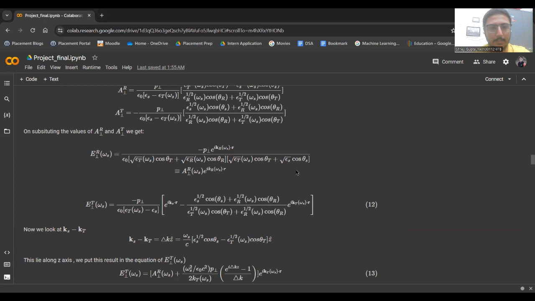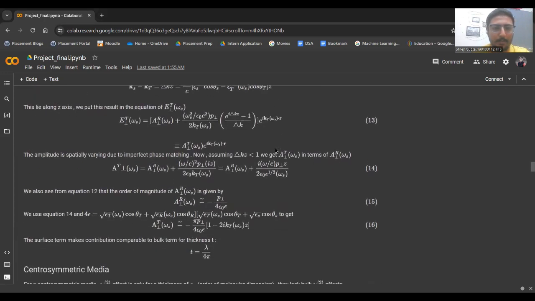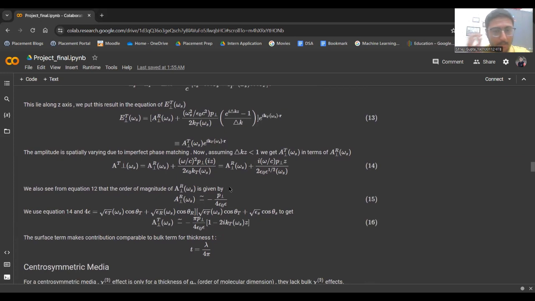Similarly for this part, 2 epsilon to the power half into 2 epsilon to the power half equals 4 epsilon. So A_R perpendicular equals minus P perpendicular upon epsilon naught into 4 pi epsilon, sorry. So here we have written that and we are putting it back into equation number 14.